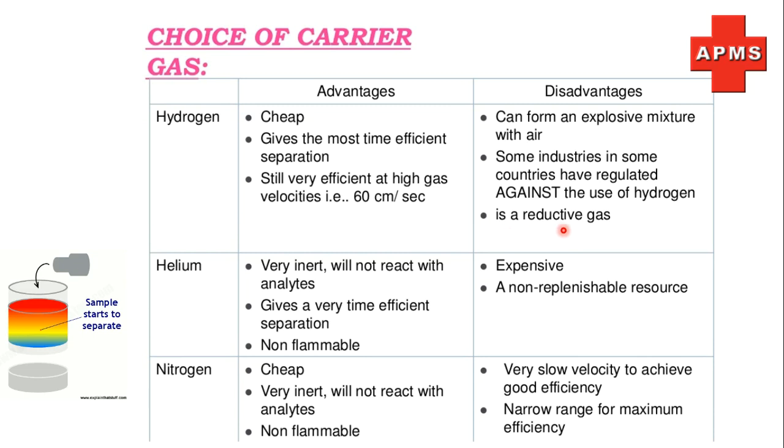It is a reductive gas, as I said earlier. If an unsaturated compound is present in our sample analyte, then that sample component which has unsaturation could react with this hydrogen.